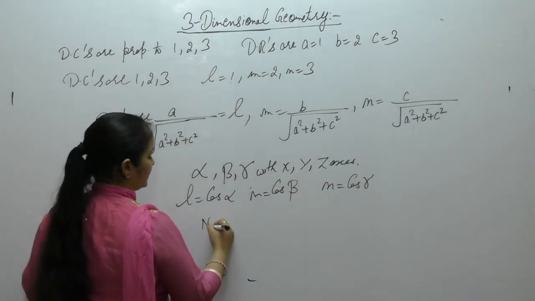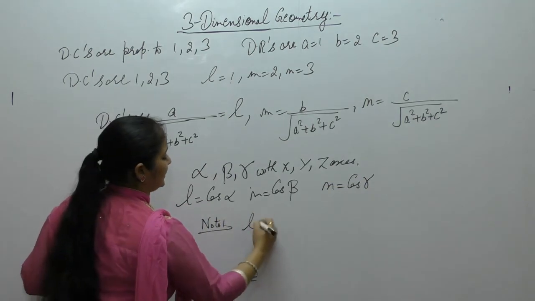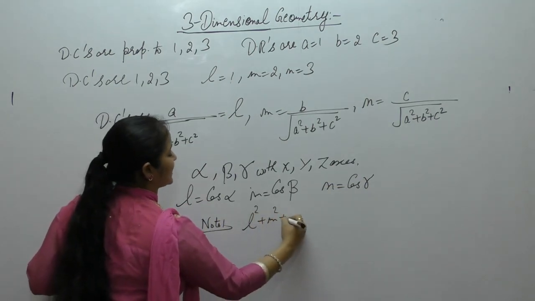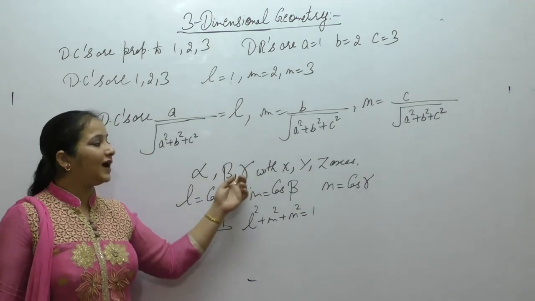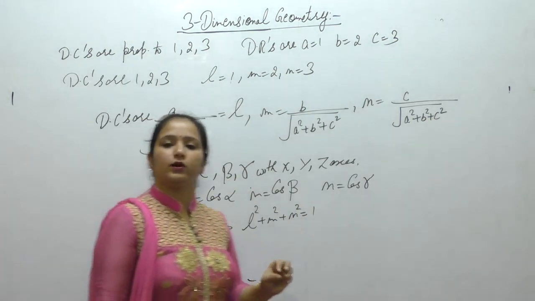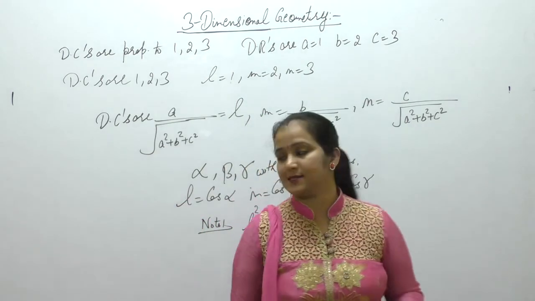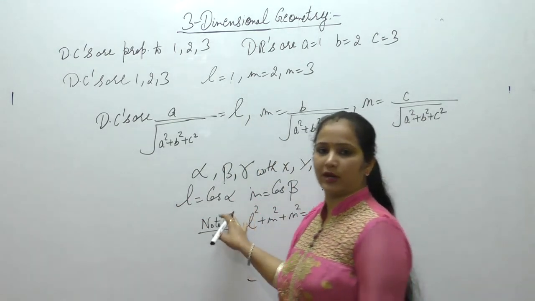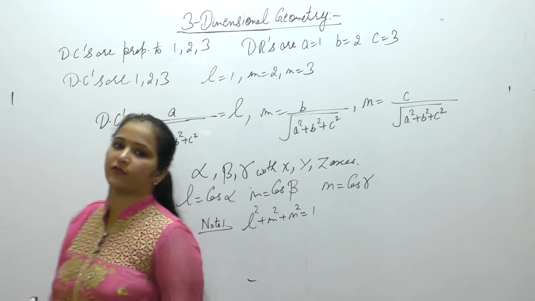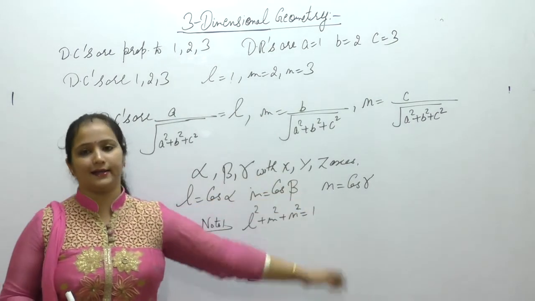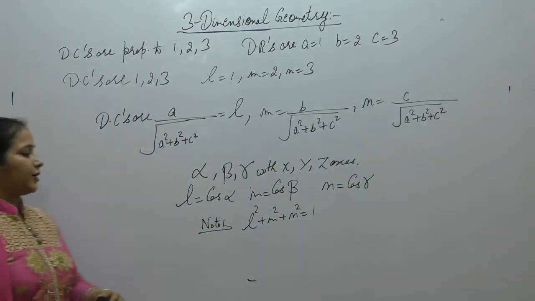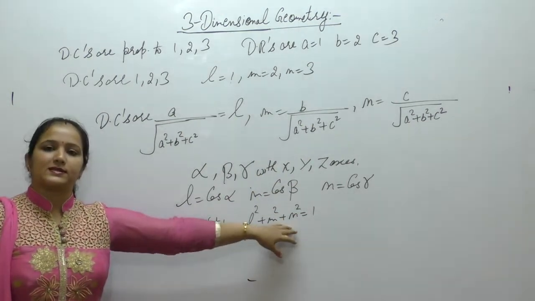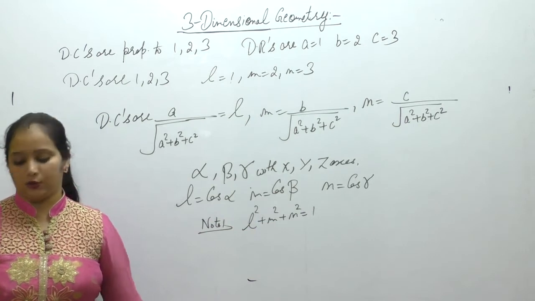And we know one identity, that is L square plus M square plus N square equals 1. If we have given the angles and we want to find the direction cosines, then we will use this formula.